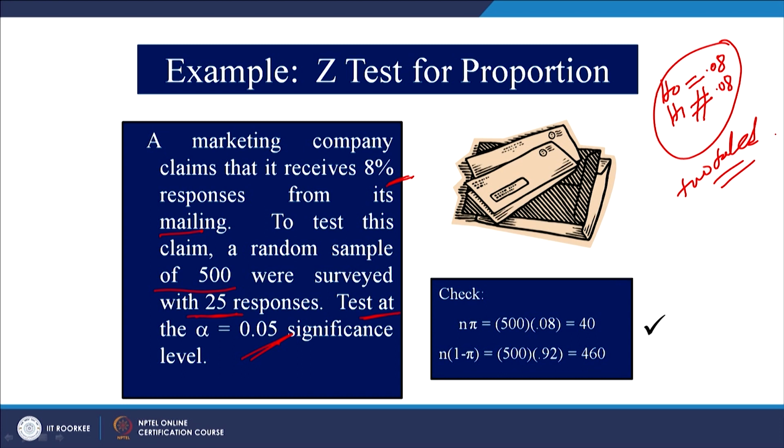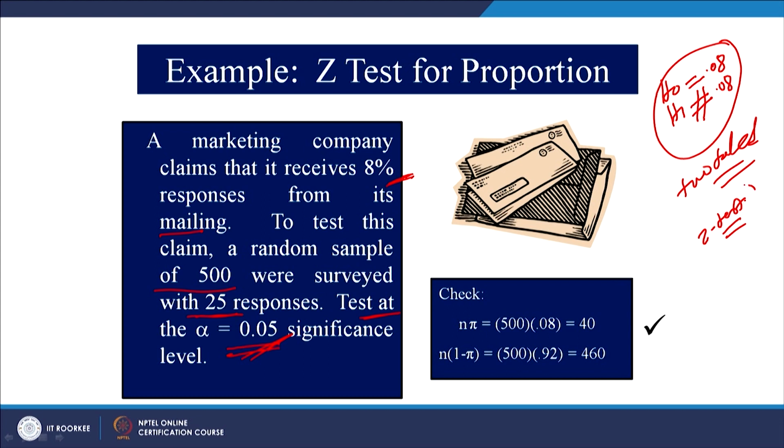Whether it is t test or z test: do you think there are two conditions you are fulfilling for applying t test? If you do not fulfill those two conditions, then use z test. So, here you would be using which test? Z test, right. And the significance level is 0.05.